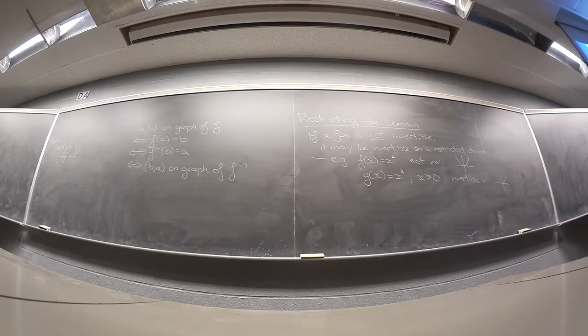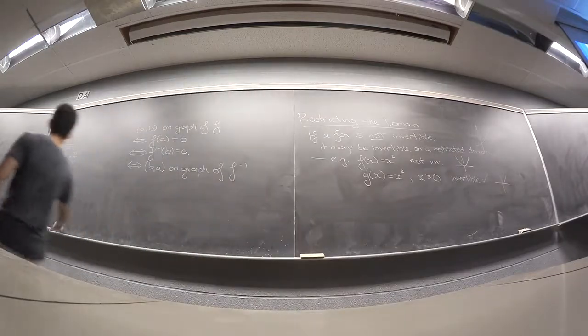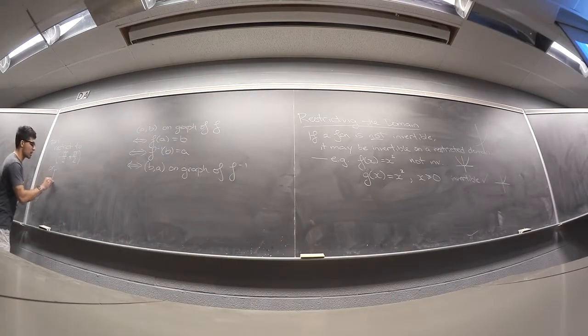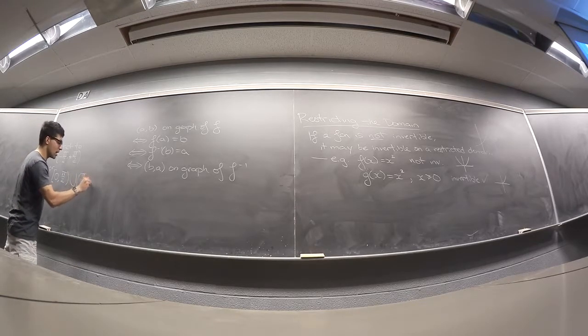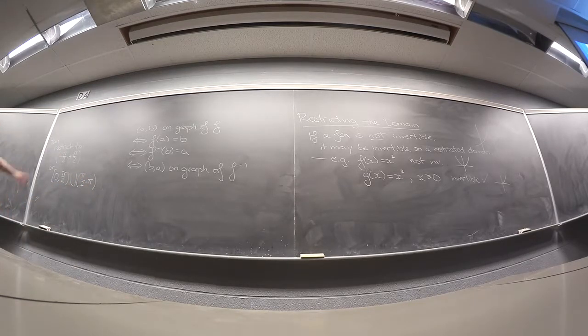That's why I said up to but excluding pi. So I'd say, for instance, 0 to pi over 2, include 0, leave out pi over 2 because it blows up, and leave out pi because if you included pi, it and 0 would have the same output. Does that make sense? Yeah, good question.